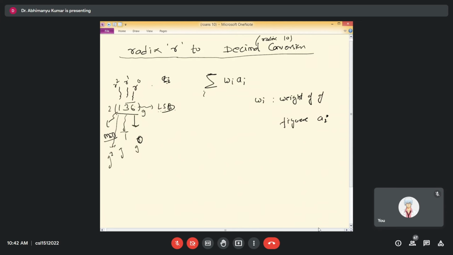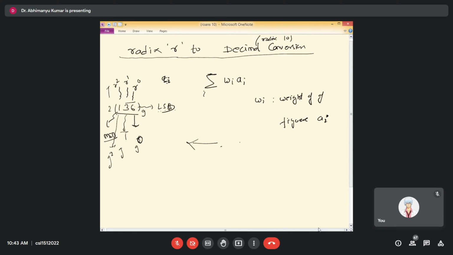So what will happen? It will give this larger weight. If we go to this side, the weight is larger. If we go to this side, the weight is smaller. Just like in the decimal number system, the place values are 10, 100, 1000, like that.